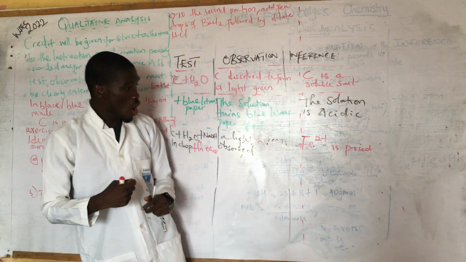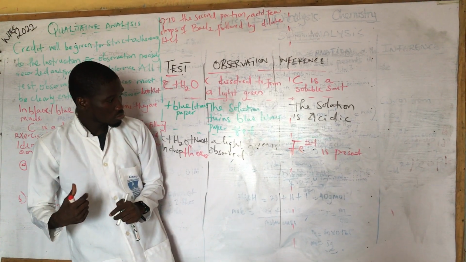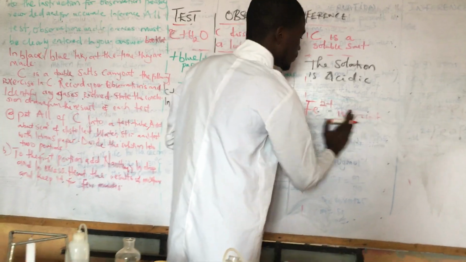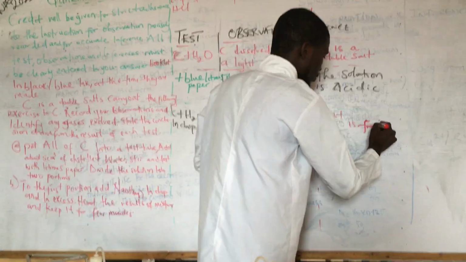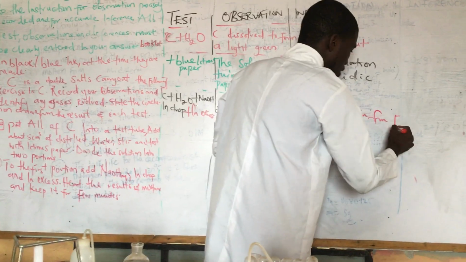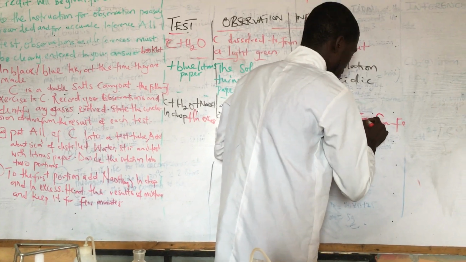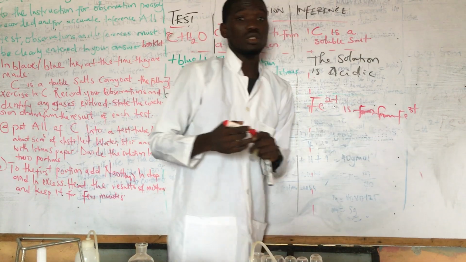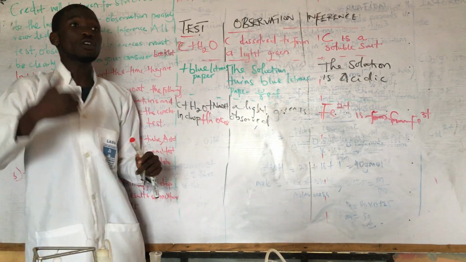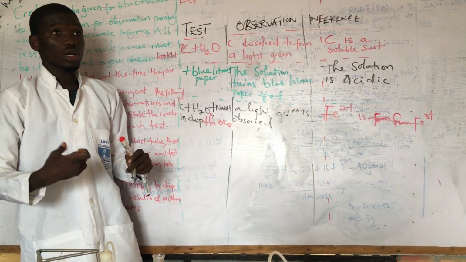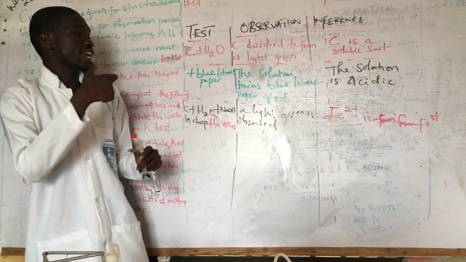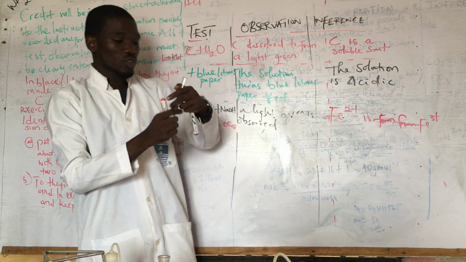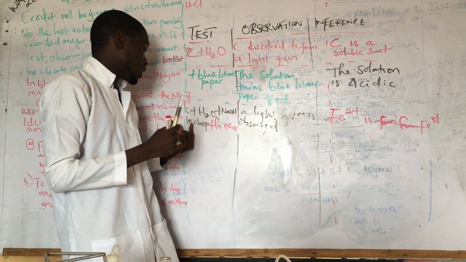Or to make it more standard, I can say Fe2+ is formed from Fe3+. This one is okay. Either you use Fe2+ is present or confirmed, or we say Fe2+ is formed from Fe3+. So that is for in drops.